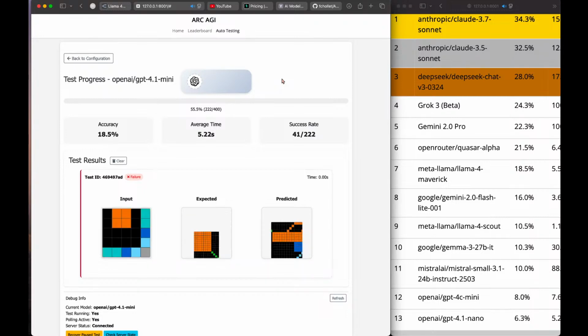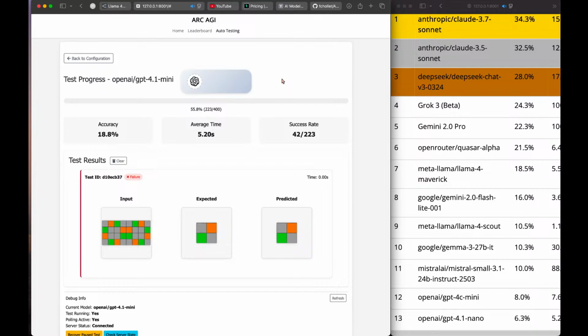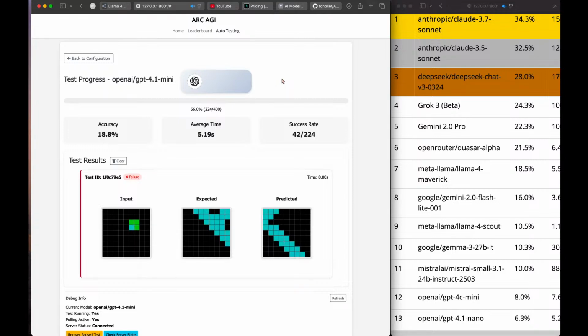Llama 4 Scout is good for coding, that I can say. Not sure about other things.